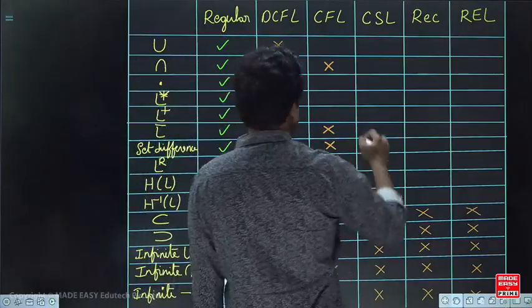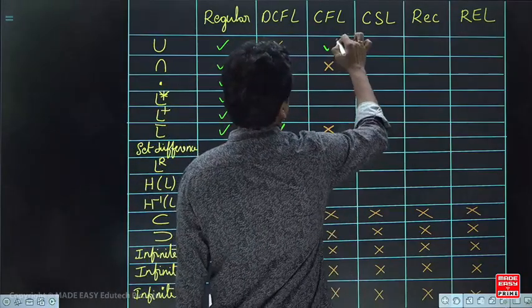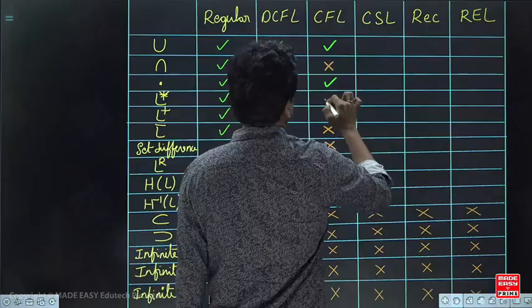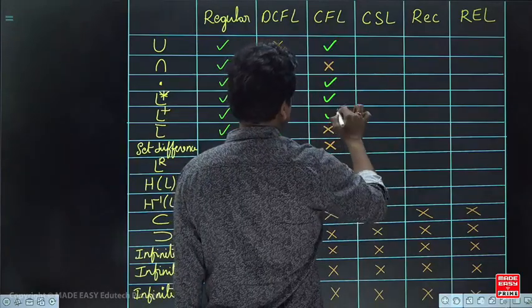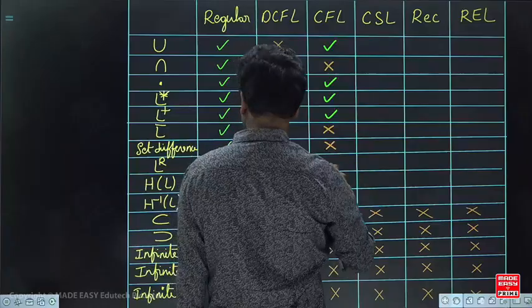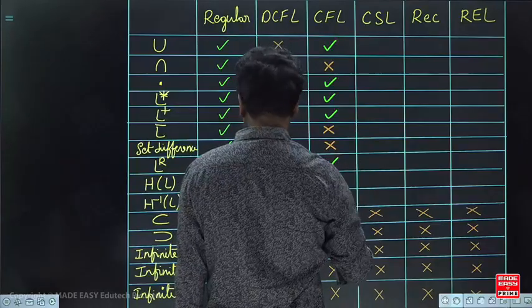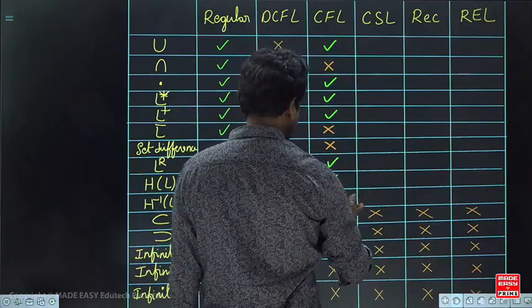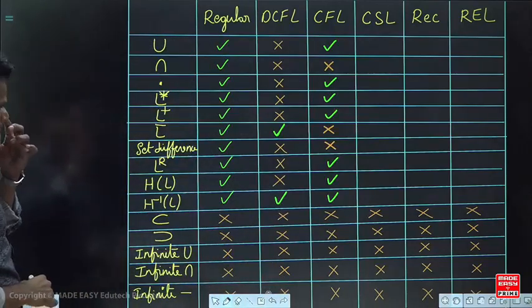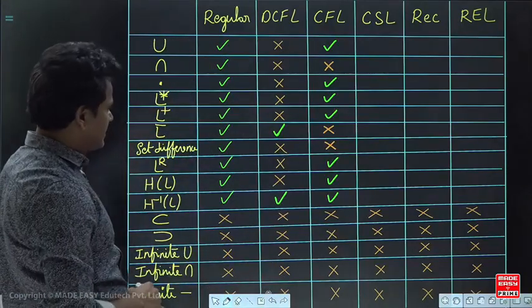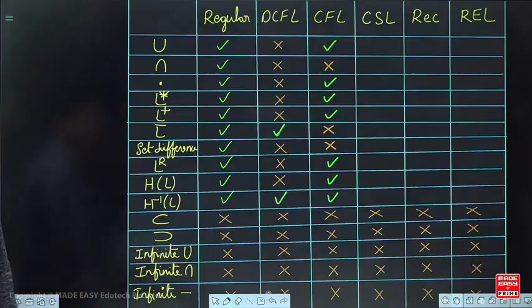Okay, and CFLs are closed under union, concatenation, Kleene closure, positive closure, then reversal, homomorphism, inverse homomorphism, but they are not closed under intersection and complement and set difference. You can copy this.